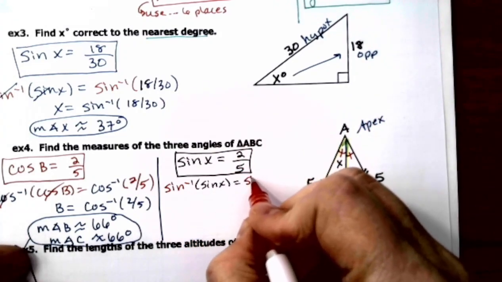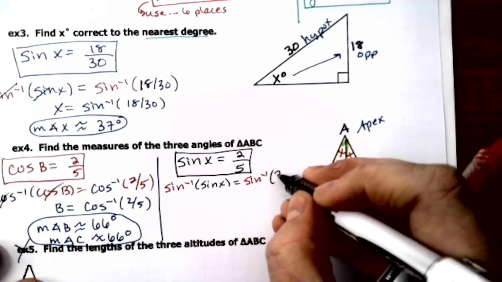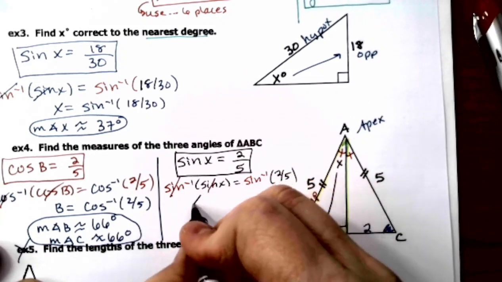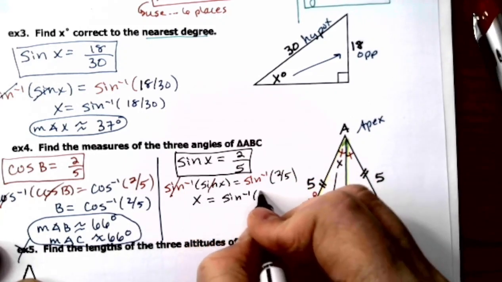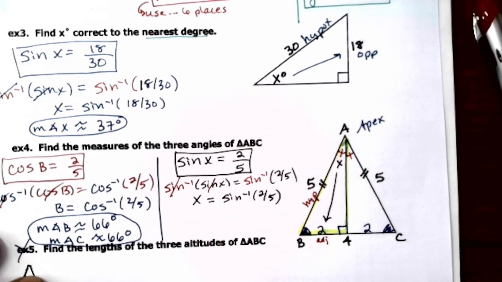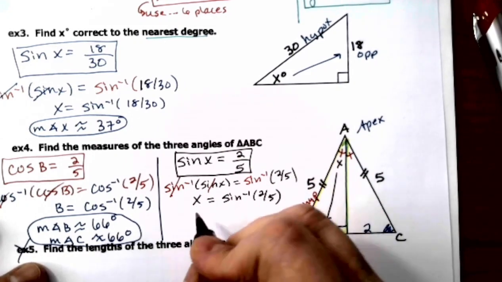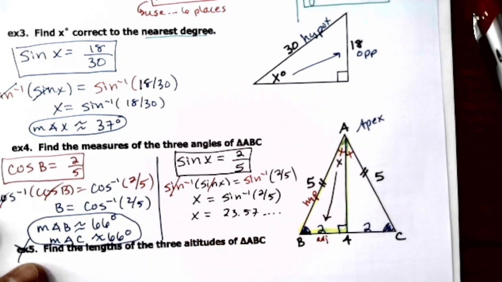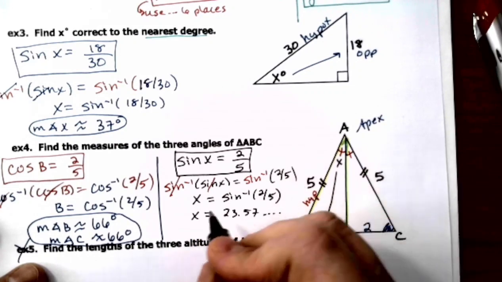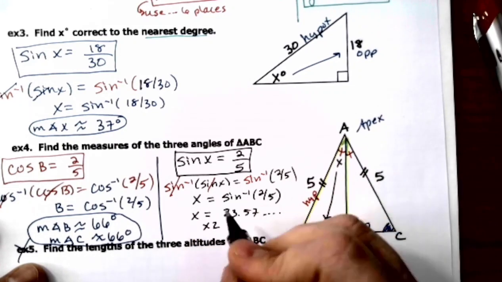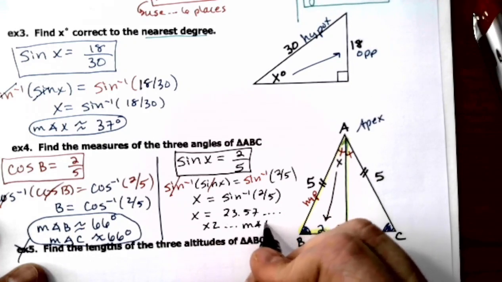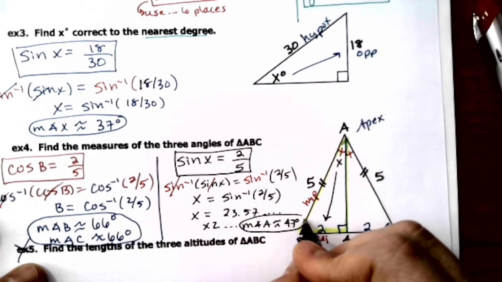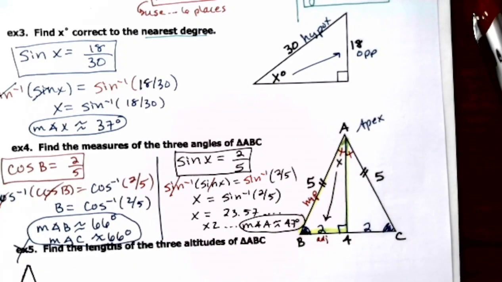And that means we have to arc sine the entire right side, which is 2 divided by 5. Arc sine cancels out the sine, and x equals arc sine of 2/5. Okay, inputting that into the calculator, we get x equals 23.57 with a whole lot of decimals. X was half of angle A, so I'm going to multiply by 2, and that's where I get the measure of angle A is 47 degrees. So I had to get the angle and multiply by 2.